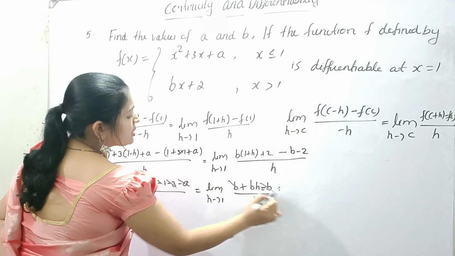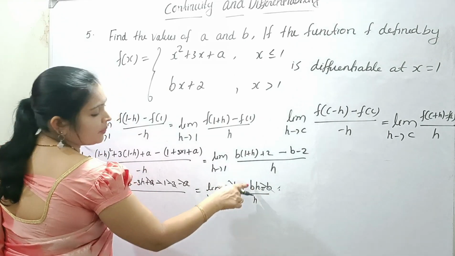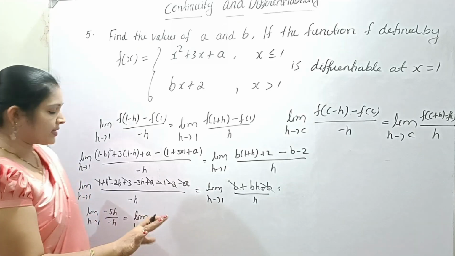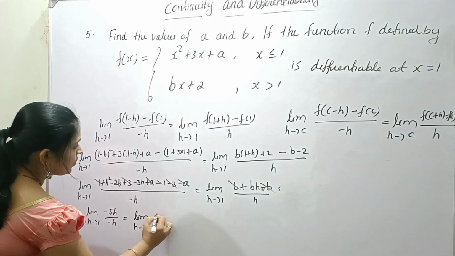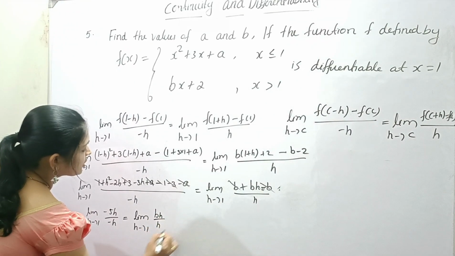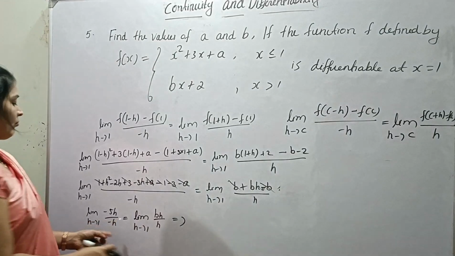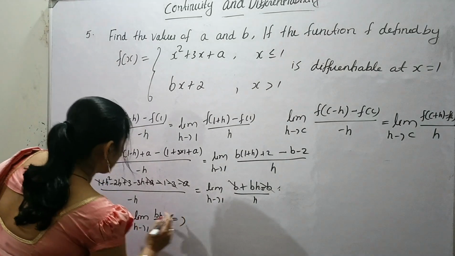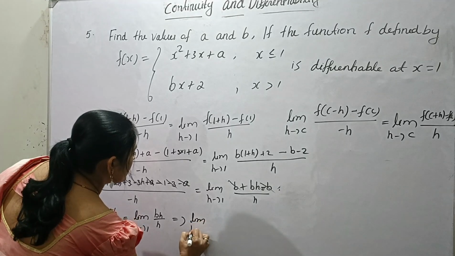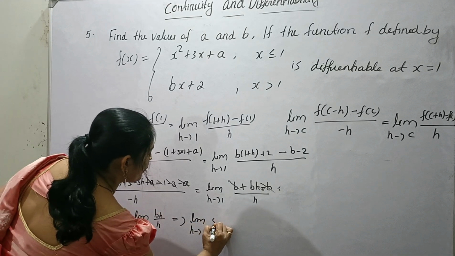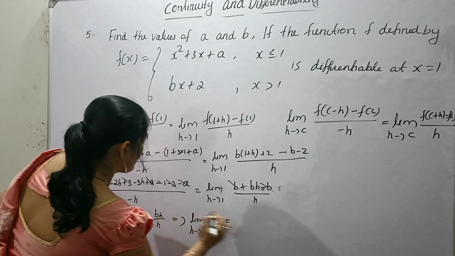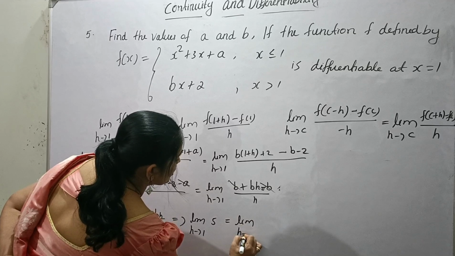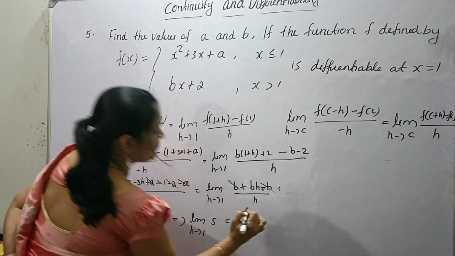Here b minus b cancelled. So bh divided by h, h is cancelled. Okay, bh divided by h. This implies here minus cancelled and h is also cancelled. So we will get limit h tends to 0, 5, that is equal to limit h tends to 0, b.